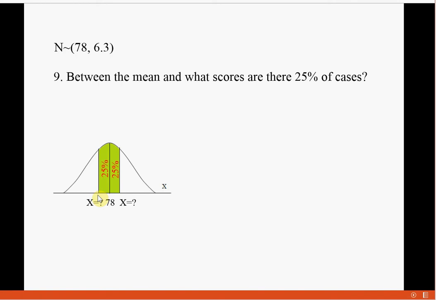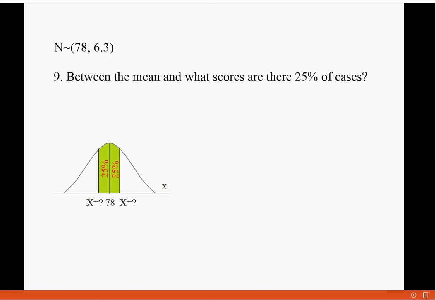If we know the z-score that corresponds to this value and this value, we can use the formula that we used from the previous question to calculate the value of the original variable x. For that reason, we need to look up the normal distribution table to find out what z-score corresponds to 25% here or 25% here. Either way, because this is a symmetrical distribution, if we know the positive side, we would also know the negative side.